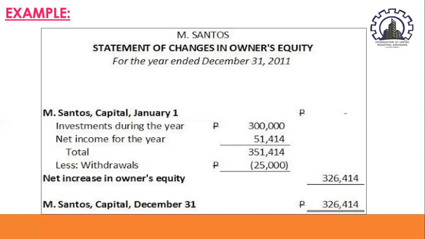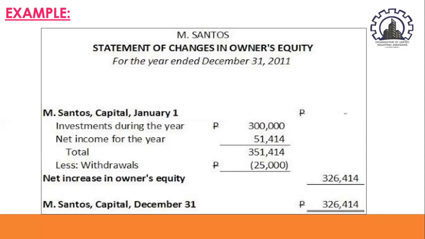So if you started January 1st, then you need to indicate your additional investments if there are any, plus the net income, which was the result from your income statement, and you need to get the total. So if there are withdrawals from the company's owner, you need to include that one as well, okay? And the last thing that you will be seeing in the statement of changes in owner's equity, that would be M. Santos capital December 31st, meaning the capital of the owner ending, okay? So this is the ending equity of the company.